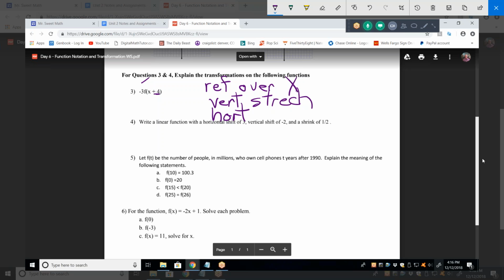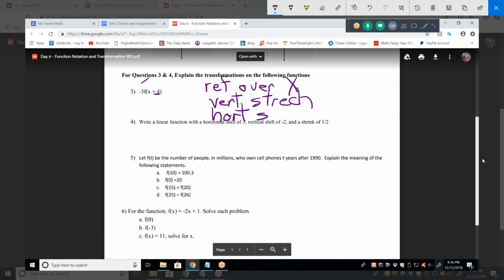When you're multiplying stuff, like that 3 was a multiplier of the function, that's a stretch or a shrink, but it's not a shift. You have three kinds of things: stretches, shrinks, and shifts. Stretches and shrinks are when you're multiplying. Shifts are when you're adding or subtracting.